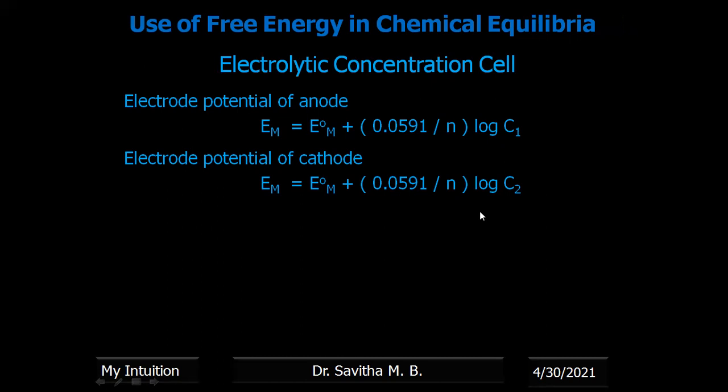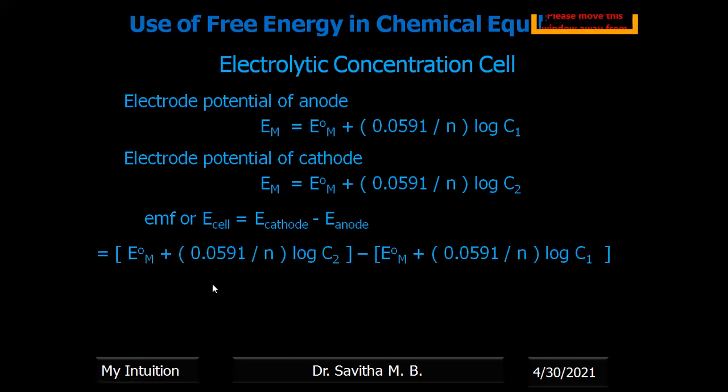Now let us write the Nernst equation for the cell. We know that E cell is equal to E cathode minus E anode, that is, the potential of cathode minus the potential of anode.